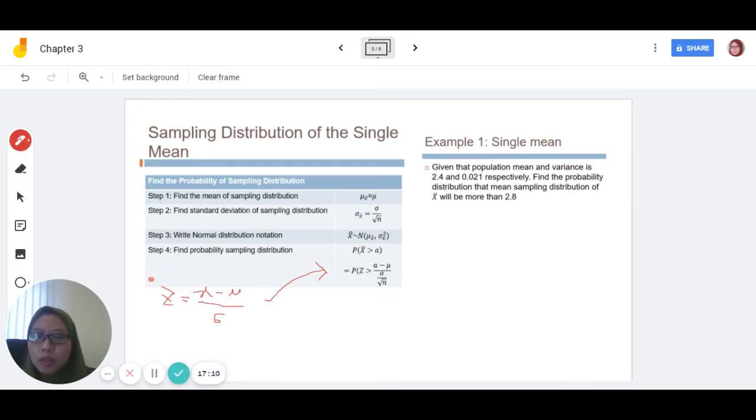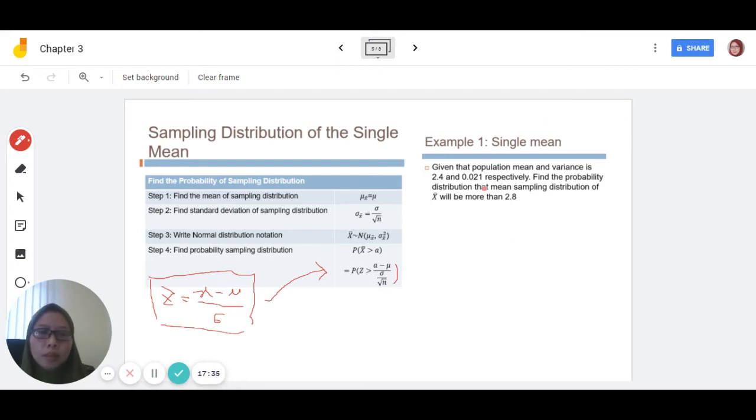You can substitute this into the standard Z formula for the sampling distribution. So to find the sampling probability, we use P of Z, and then you can find the Z value.